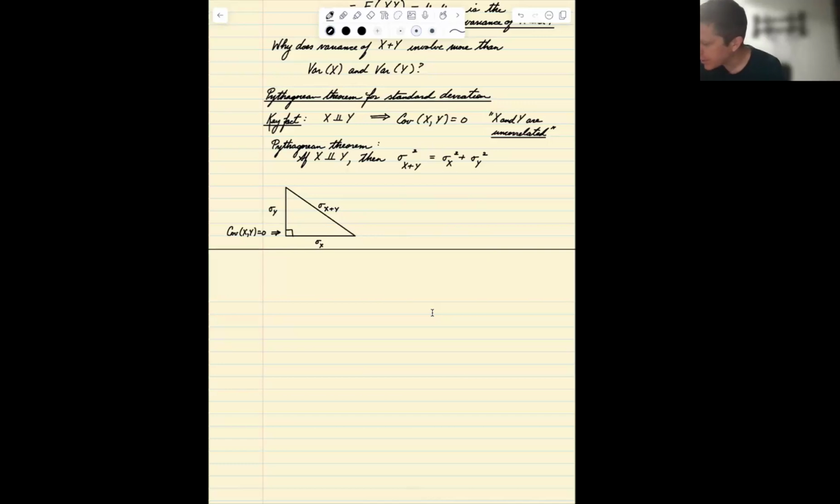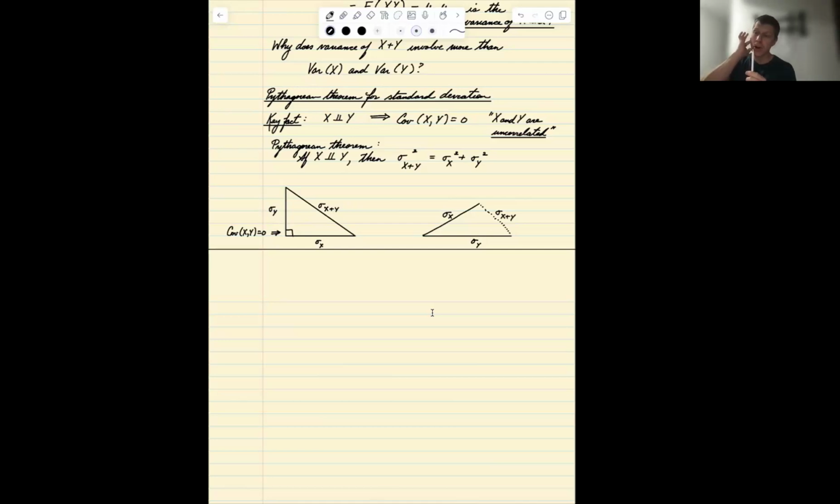Whereas if we had random variables that were pretty well correlated, so let's say this was x and this was y, then this sigma of x plus y, that distance there, is actually quite a bit smaller than we would get if they were at a right angle.